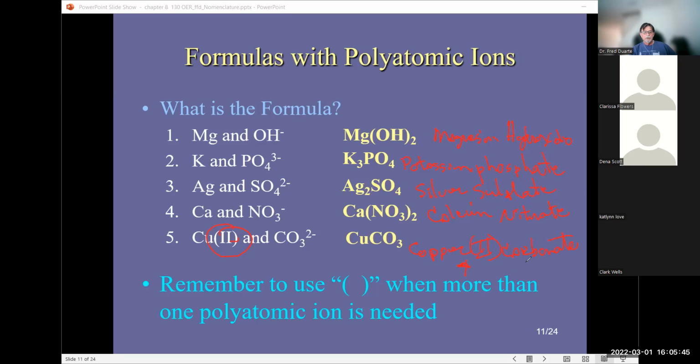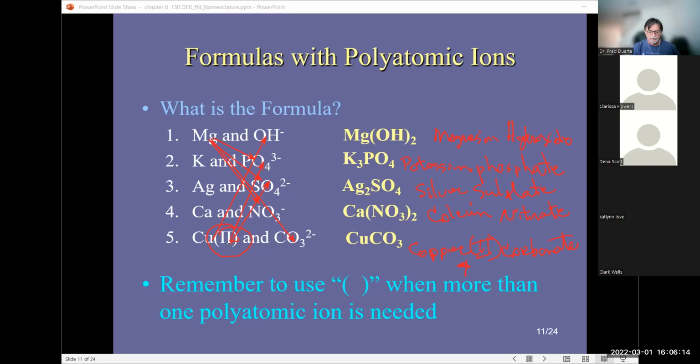Okay. So also here, mix and match. You can now do a variety of mixing and matching, because now you got magnesium phosphate, magnesium sulfate, magnesium nitrate, magnesium carbonate, copper 2 hydroxide, copper 2 phosphate, copper 2 sulfate, et cetera.